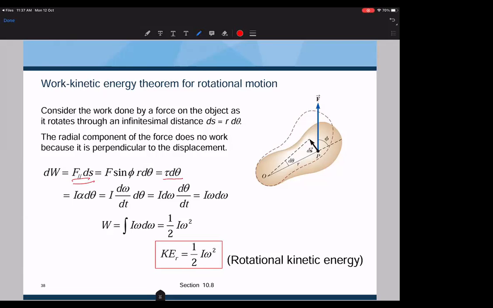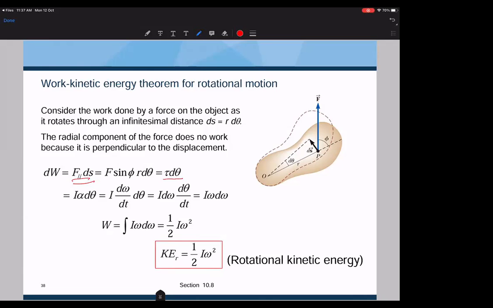So if the torque and d theta are in the anti-parallel sense, one goes clockwise, one goes anti-clockwise, you would have negative work done. And that is what we have seen in the quiz on the 5th of October, where you have the torque and the displacement in the anti-clockwise direction. And that is a negative work done.